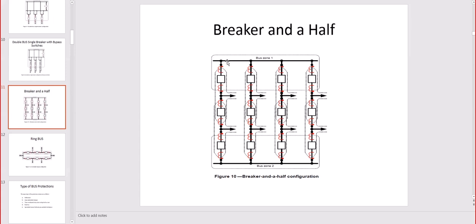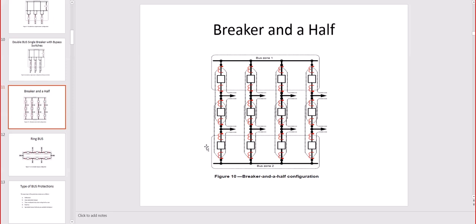But it is duplicated, kind of similar to the double bus double breaker, but the middle breaker, the tie breaker, is shared between bus 1 and bus 2. Hence the name breaker and a half, because you don't have twice the middle breaker, and it is shared as a functionality between the 2 buses.